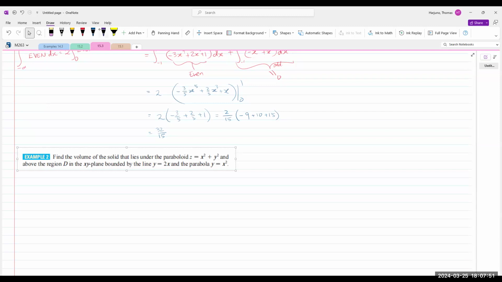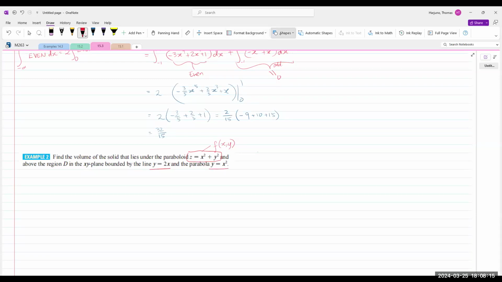They tell us to find the volume of the solid that lies under the paraboloid z equals x squared plus y squared. So this is our f(x,y), right? That's the integrand. Above the region D in the xy plane bounded by the line y equals 2x and the parabola y equals x squared.